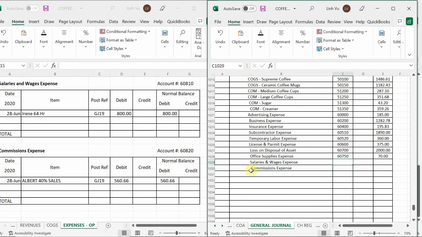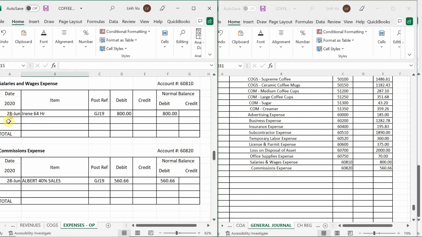And account numbers 6810 and 6820. So my salaries was $800. My commission was $560.66. Okay. So I'm going to close these out now.